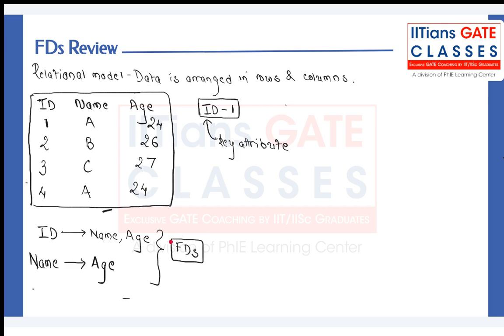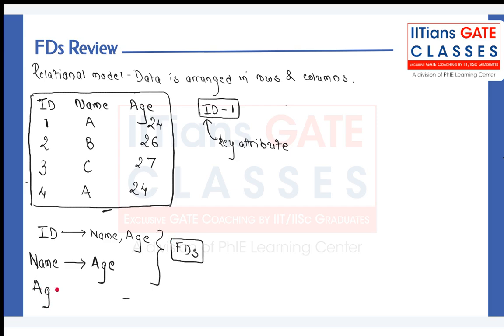Is there any possibility that given a value of age, you will get more than one name? See, you are only answering questions, right? So I think you know already now. Can I say age can uniquely identify name? Yes. So age can also uniquely identify name.